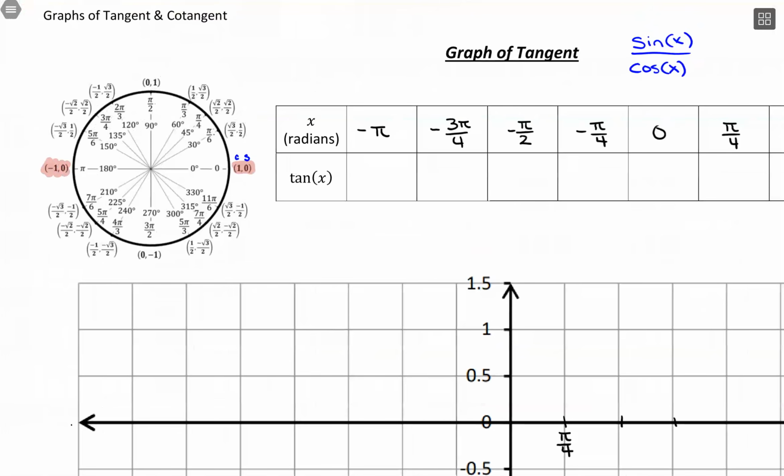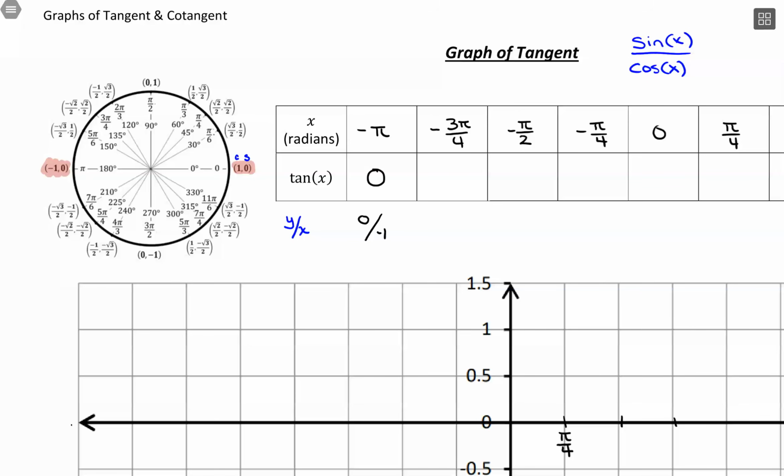All right, so the first coordinate we're working with is negative pi, which is over here. Now, if I'm taking sine over cosine, in terms of coordinates, that's going to look like the y coordinate divided by the x coordinate. So at negative pi, I would take that y coordinate of 0 and divide it by that x coordinate of negative 1. And 0 divided by negative 1 is just 0.